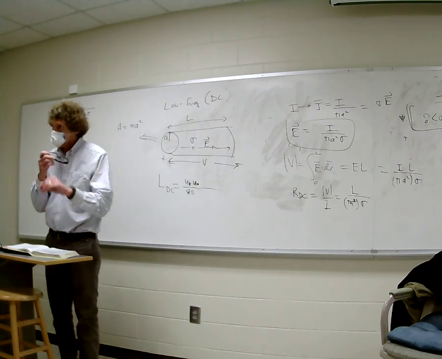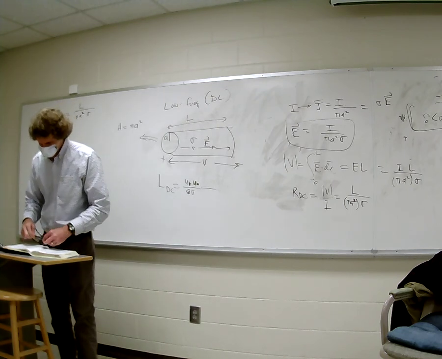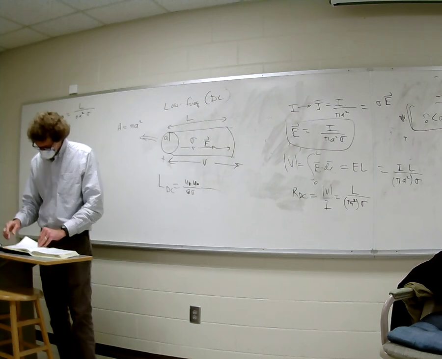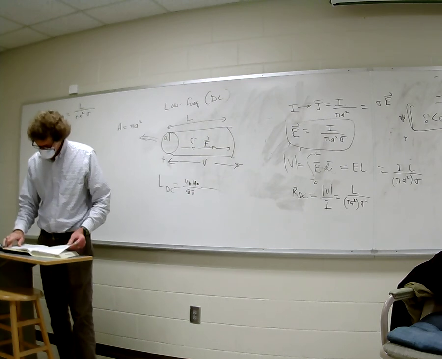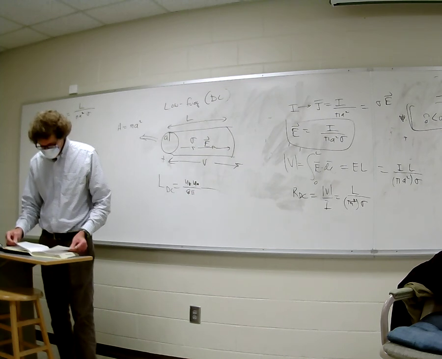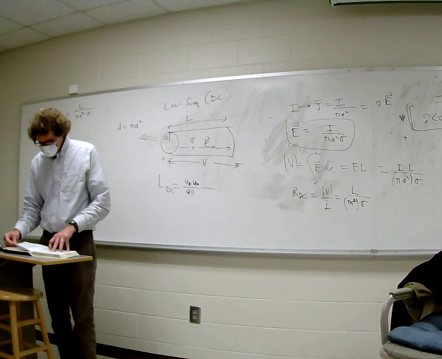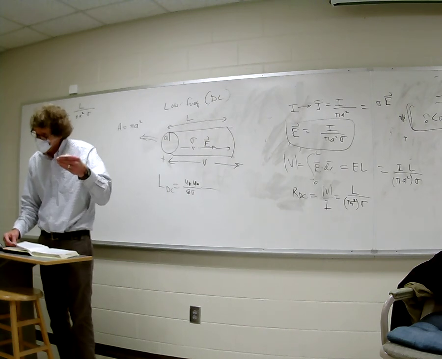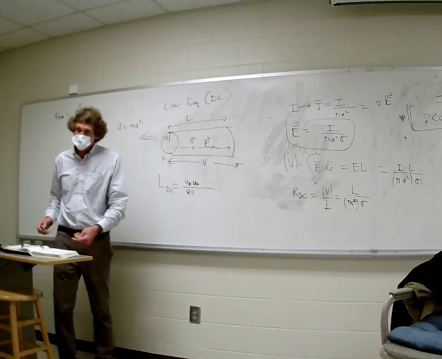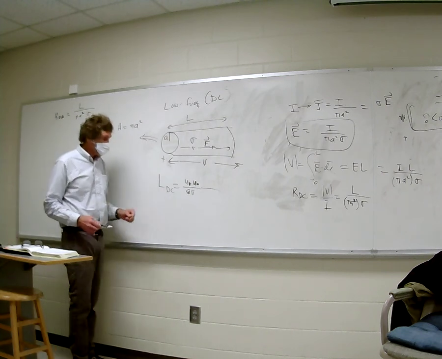Let me actually see if I can get that. All right, this is on page 504. Right below equation 9.5, it says L_i equals mu over 8 pi, times L, because L is the length. And what's neat about this that I take from it, remember this is DC.